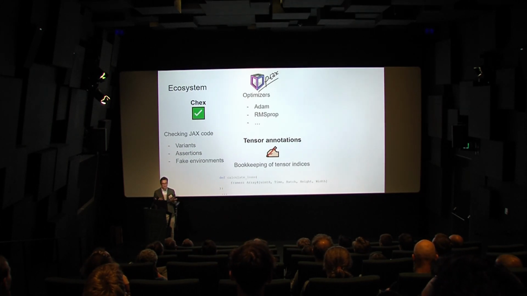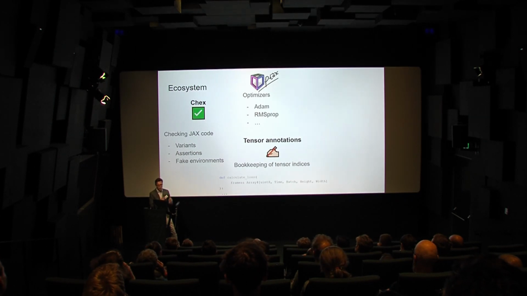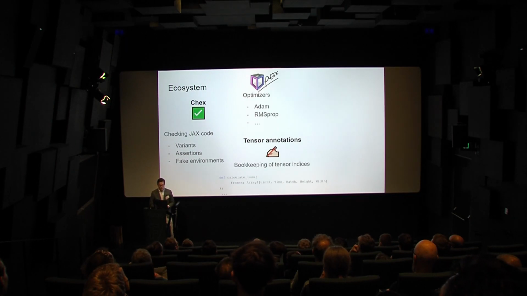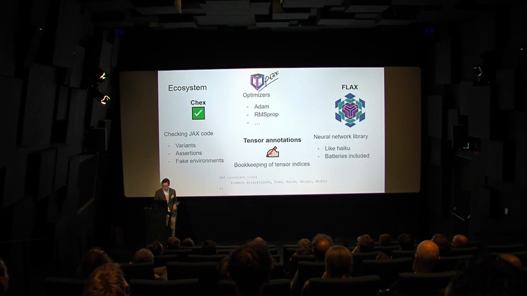And tensor annotation is really a bookkeeping tool where, using Python type hints, you can check the consistency of your indices throughout your code statically. So you can see if you have, for example, swapped two of the indices by running mypy on your code, and it says, okay, the type annotations don't check out, so there must be a mistake semantically, even though it may just run fine normally.